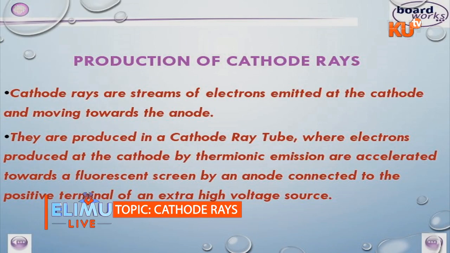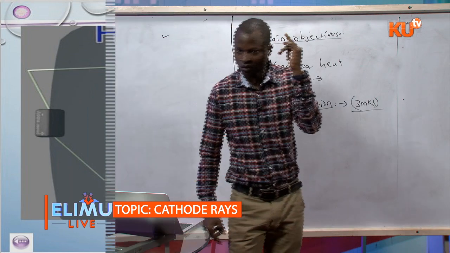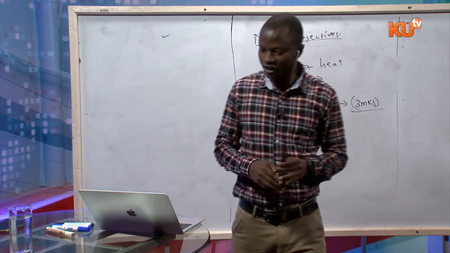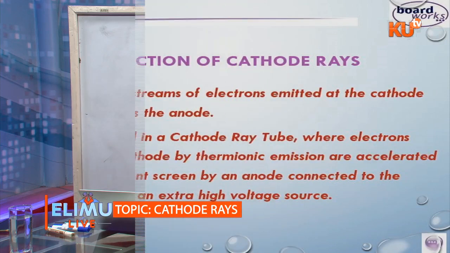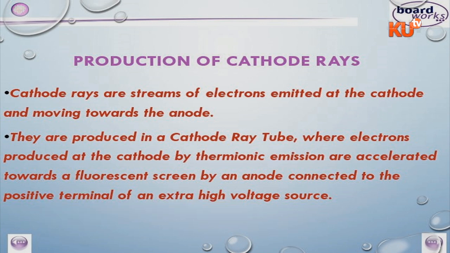Slide 4. So cathode rays, what are they first of all? Cathode rays are streams of electrons emitted at the cathode and moving towards the anode. They are produced where? At the cathode. And they move towards what? The anode.